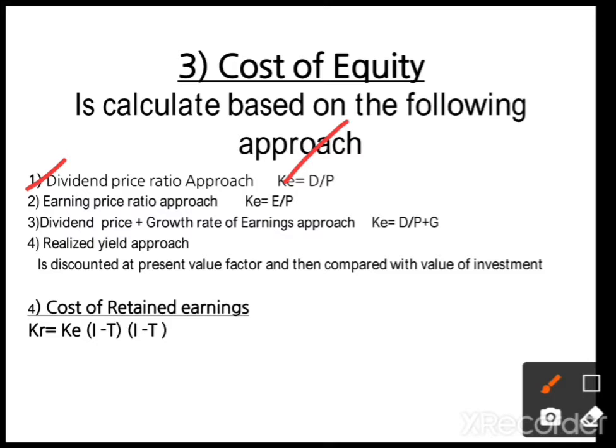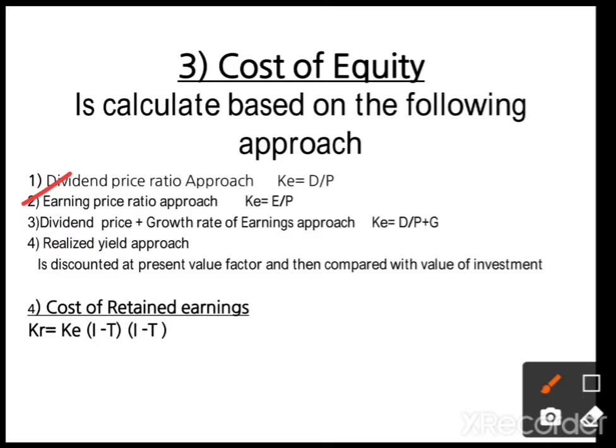Next, second one, earning price ratio approach. According to this approach, it is the earnings per share which determines the market price of the share. In a simple manner, the cost of capital should be related to the earning percentage which could keep the market price of the equity share constant.